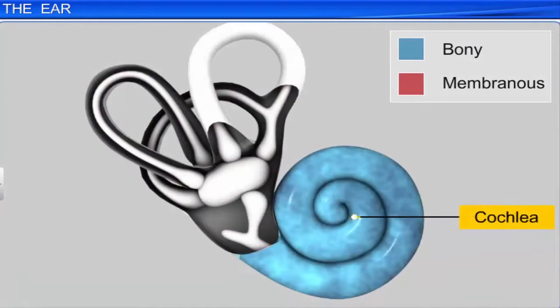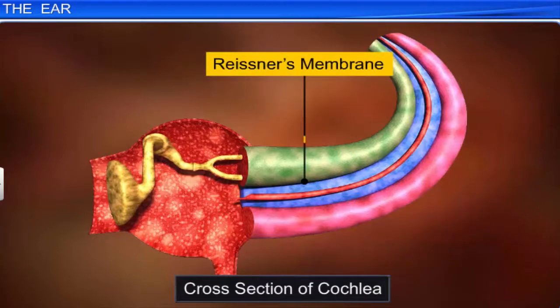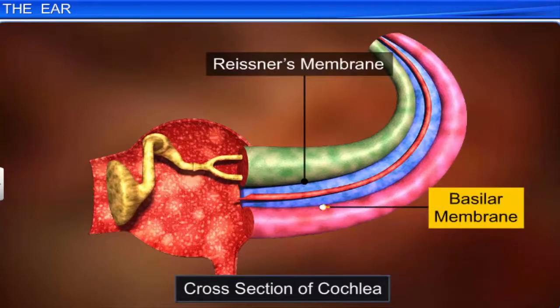The cochlea is the coiled portion of the bony labyrinth and is also known as the auditory section of the inner ear. The cochlea, in turn, has two membranes, namely Rissner's membrane and the basilar membrane.